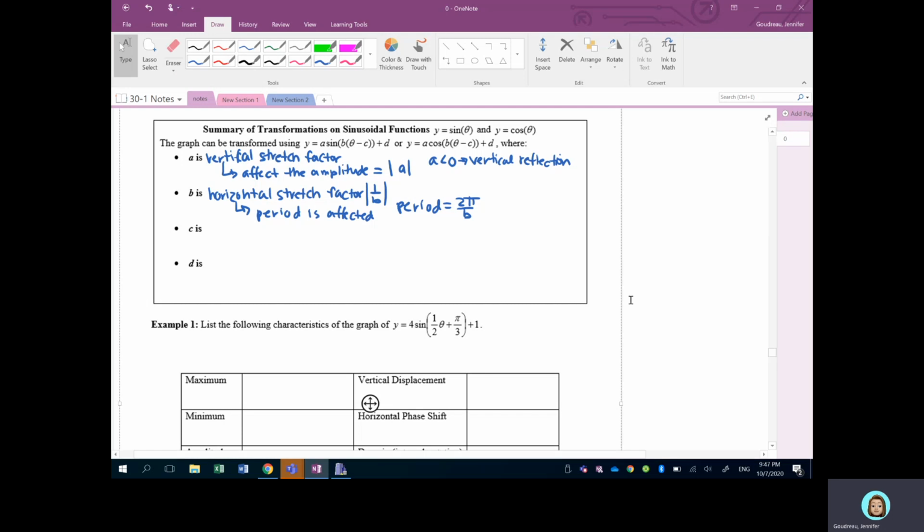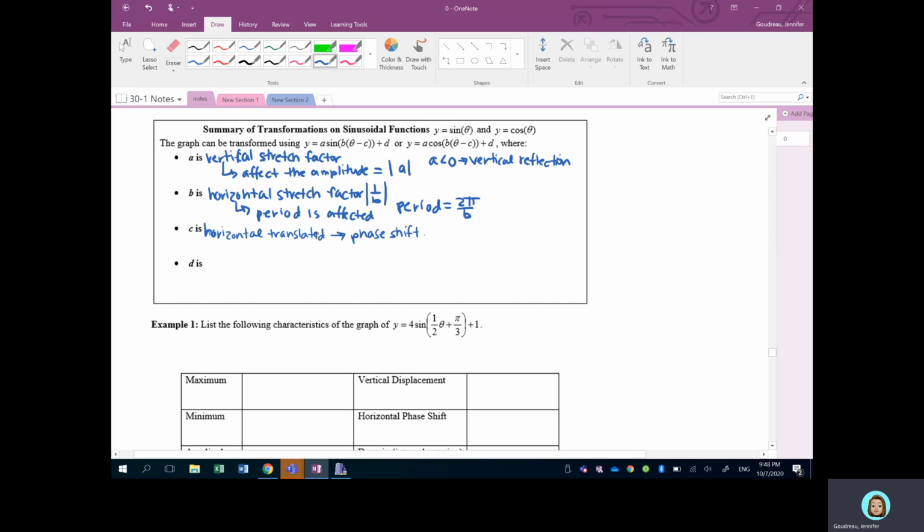Okay, let's go ahead and talk about C. In chapter 1, C would represent our horizontal translation. And it does here as well. However, we also can refer to it as the phase shift. So we use a bit of a different vocabulary with trigonometry.